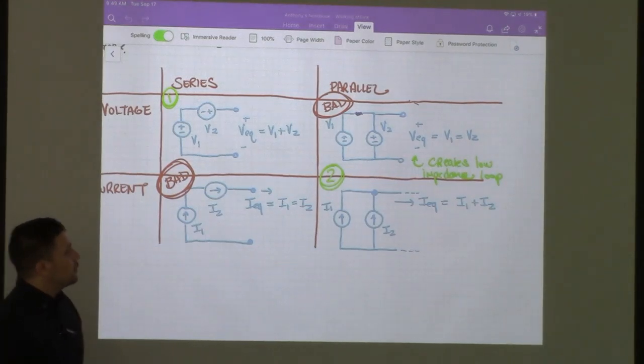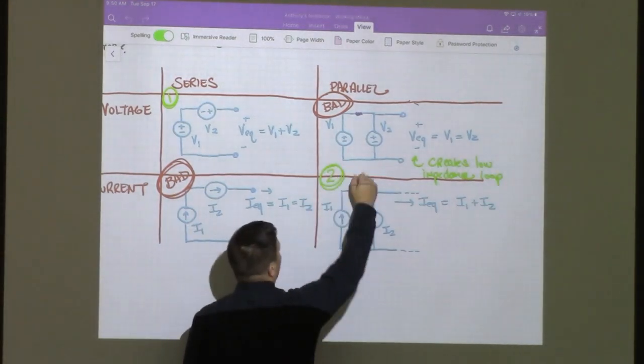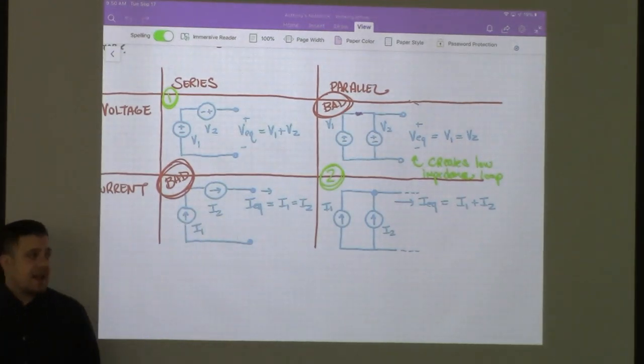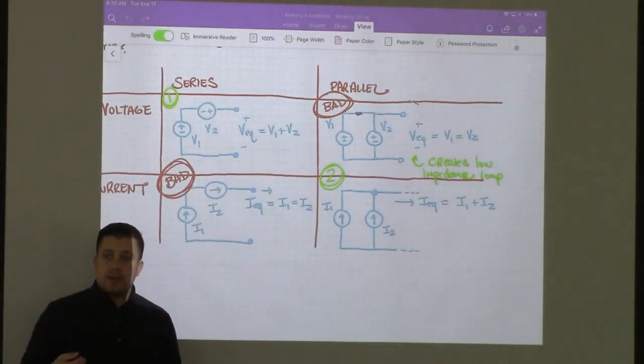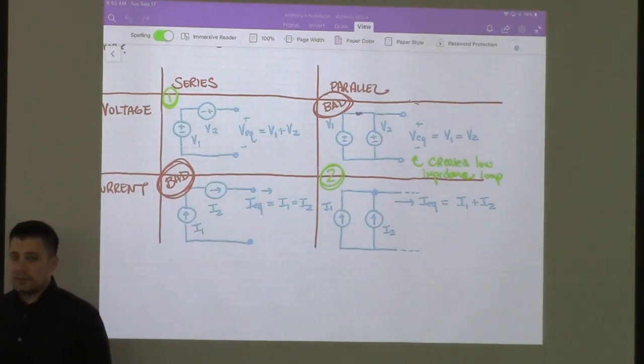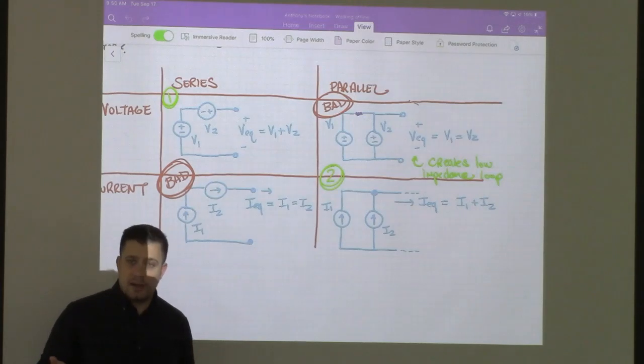What happens when you put two voltage sources in parallel with one another? Well, first off, unless they have the exact same value, the circuit is not going to satisfy KVL. It's going to violate KVL, which means you have a problem.